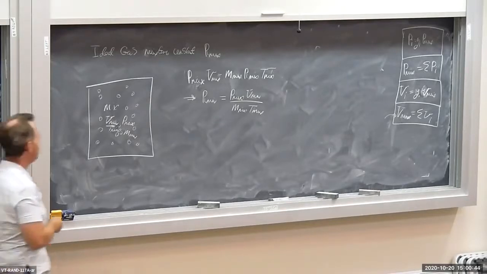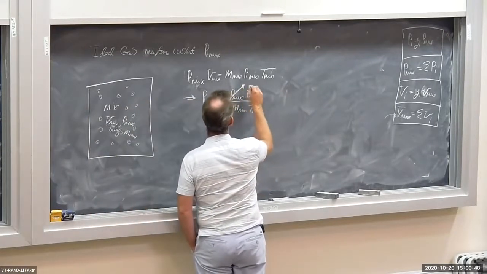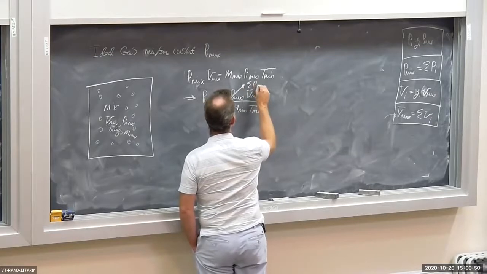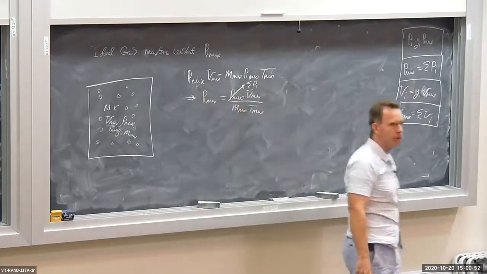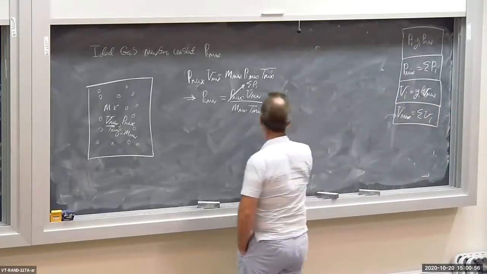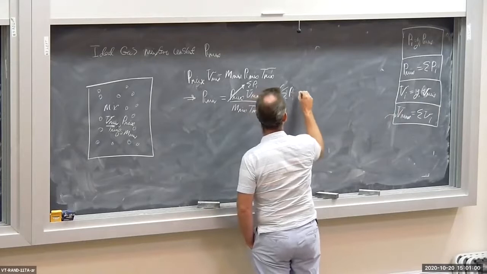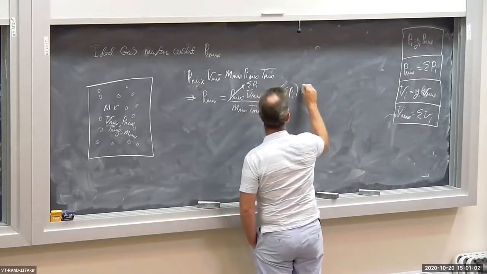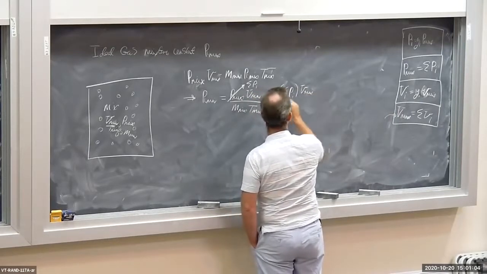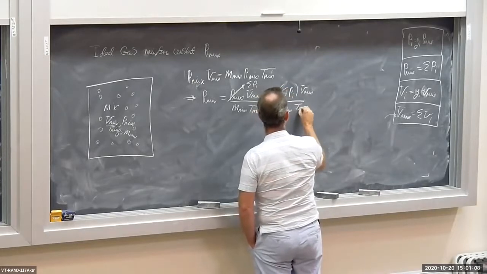Now note that the mixture pressure according to Dalton's law is the sum of the partial pressures of each component. So this is equal to the sum of P sub i times V mix over M mix T mix.